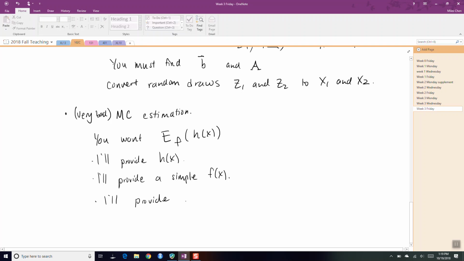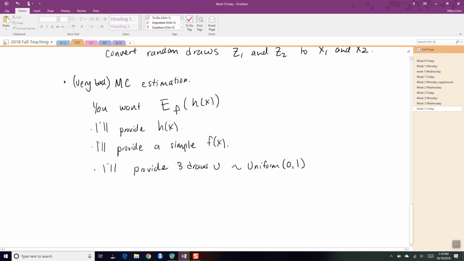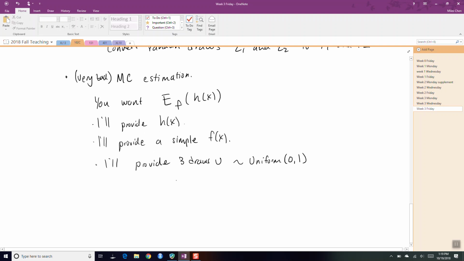And then I'll provide maybe 3 u's drawn from uniform 0, 1. I'll provide 3 draws of u, and based on that, you'll need to figure out your random x's based on f of x.